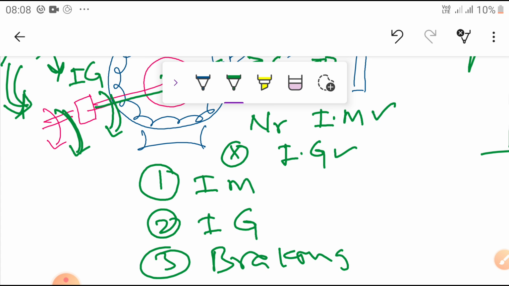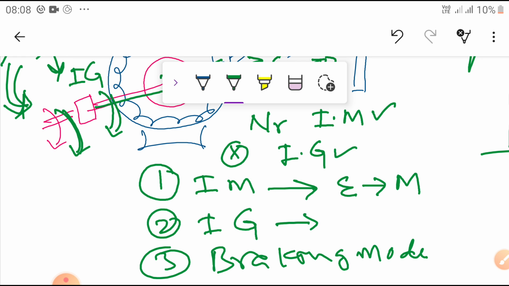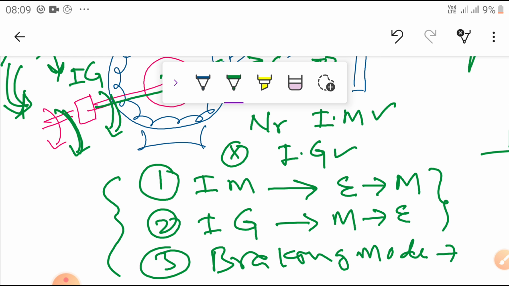Three modes it performs. The induction motor takes electrical energy and gives mechanical energy. The generator takes mechanical energy and gives electrical energy. Braking mode stops the rotor. So three operations can be performed in an induction machine. Okay, let us see that one.